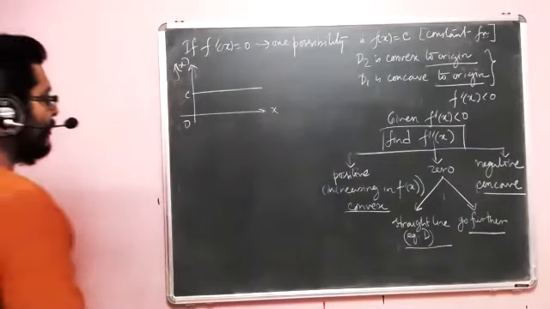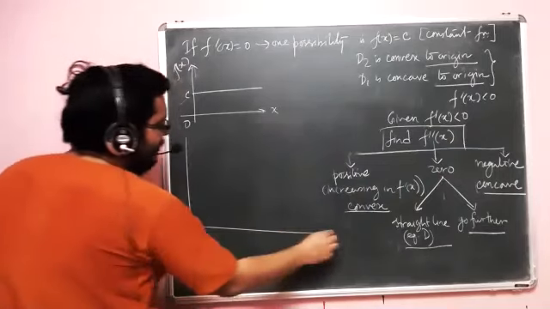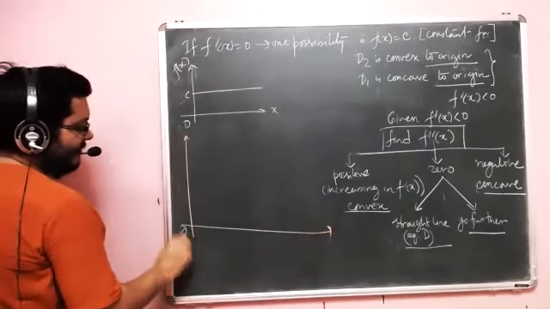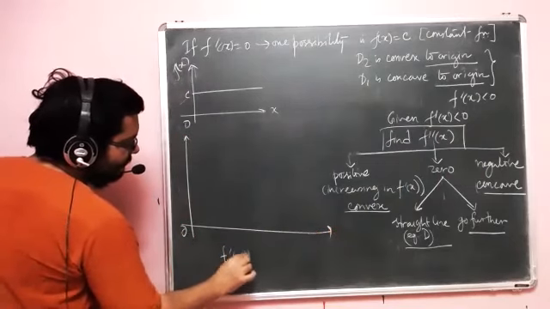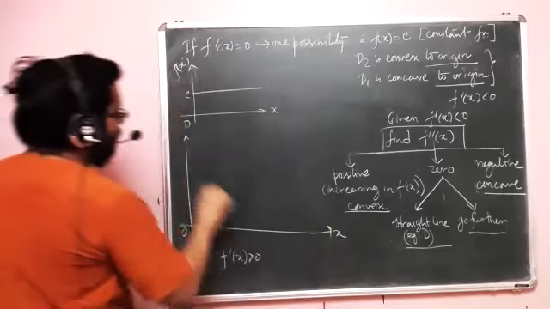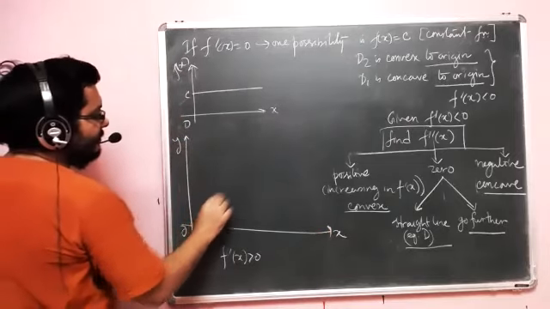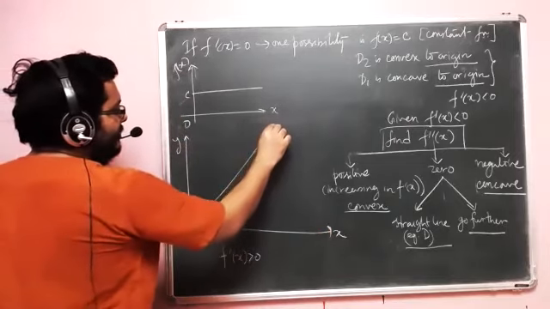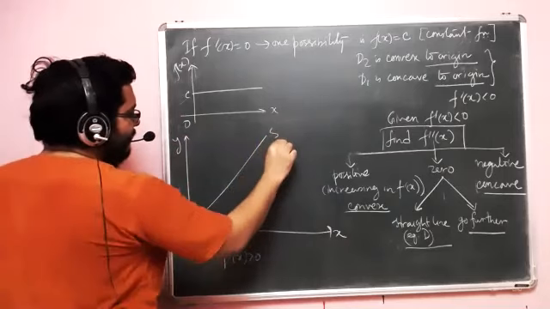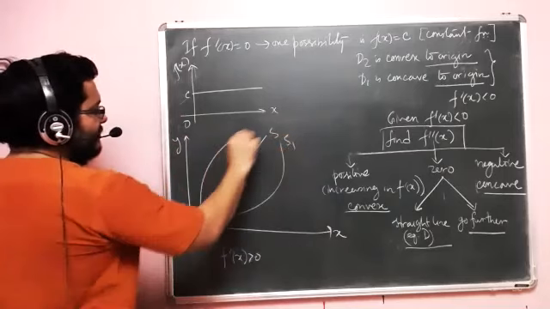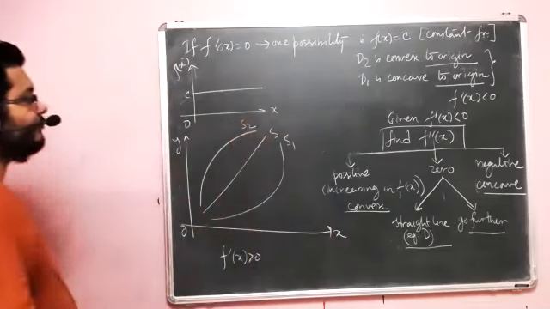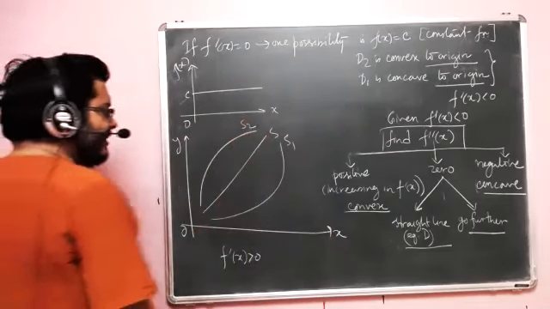Okay. So when f dash x is positive, again we have three ideas. Here this is, let's say, S. Then we have this one, which is, let's say, S1, and this one, which is S2. So S is a straight line.